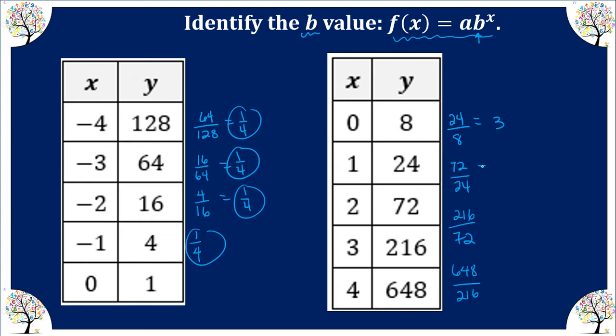So this gives us a b value of 3. So the b value in this exponential function is 3. We are multiplying times 3, times 3, times 3, times 3. This is growing, where the previous table was decaying or decreasing.